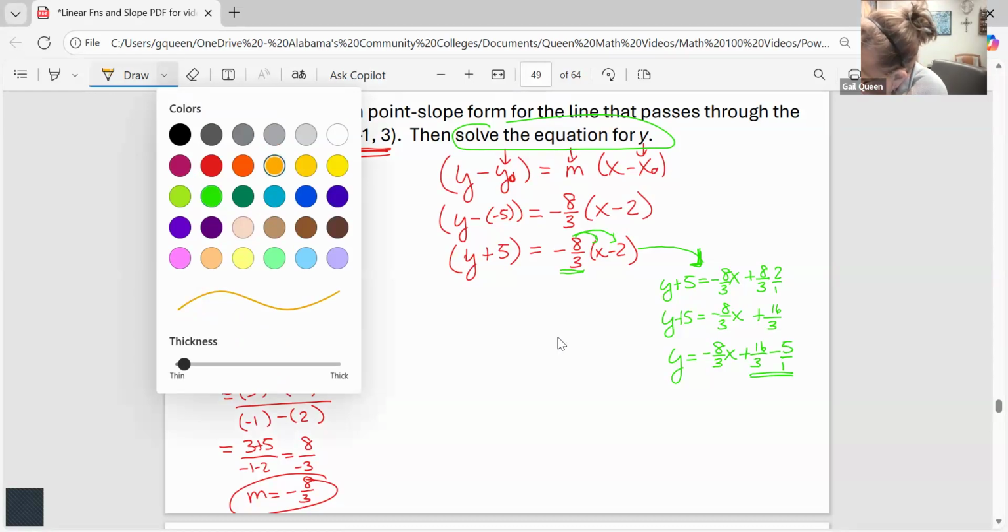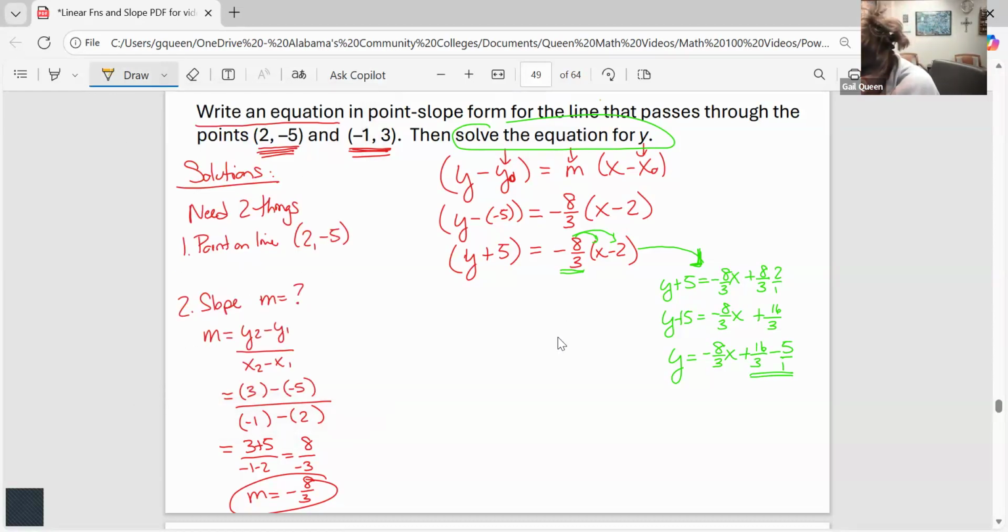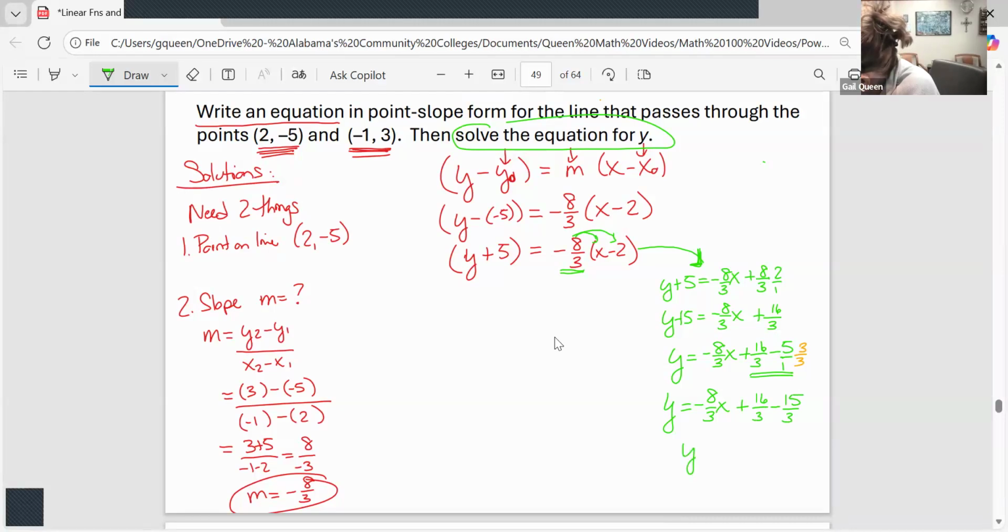So I'm going to multiply that 5 times 3 over 3 to get a common denominator. And this is y equals -8/3 x plus 16/3 minus 15/3. Well, 16 over 3 minus 15 over 3 is 1 over 3. So y equals -8/3 x plus 1/3.